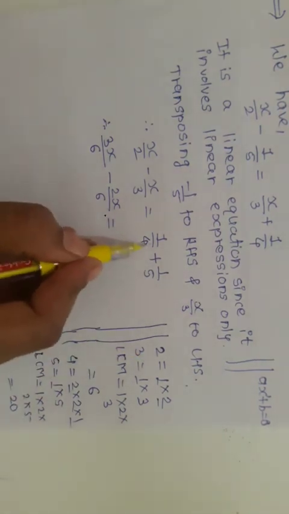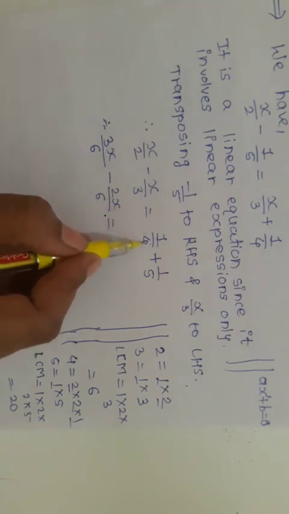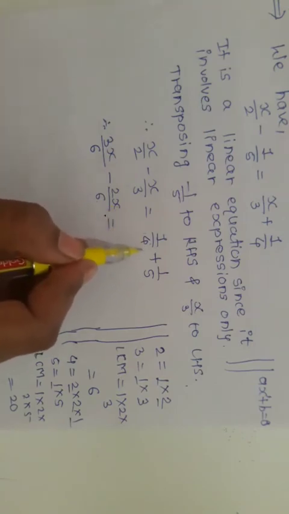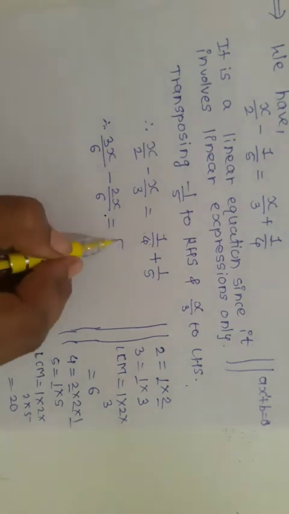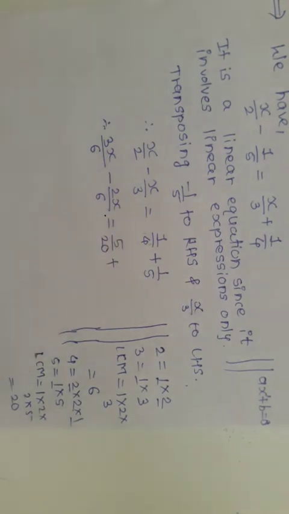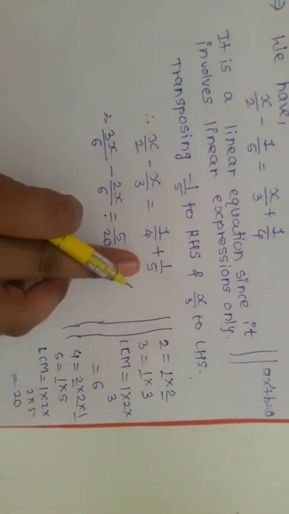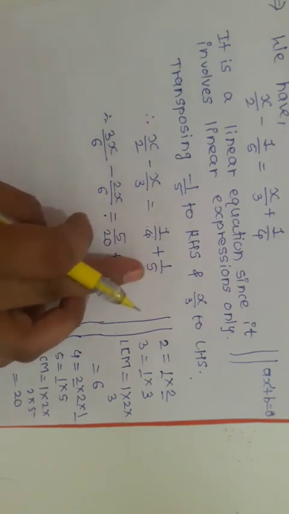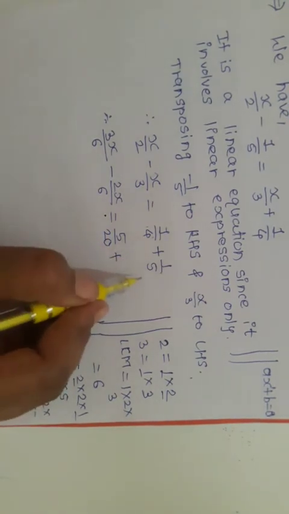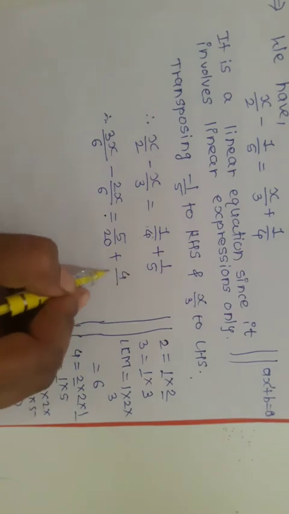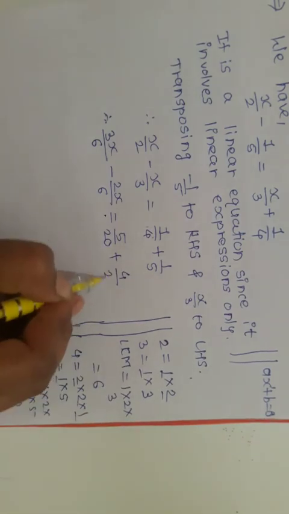So again see here, this denominator is not 20, so how can we make it 20? We have to multiply this denominator by 5 as well as the numerator by 5. So 5 upon 20 plus, again the denominator is not 20, so we multiply the numerator and denominator by 4. So 4 upon 5 into 4 is 20.